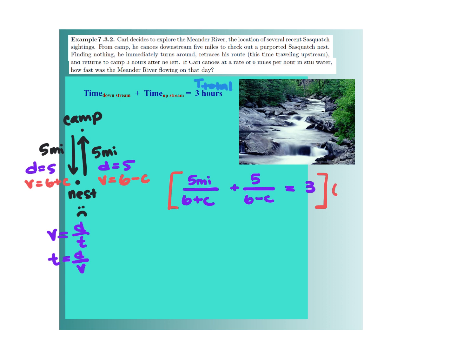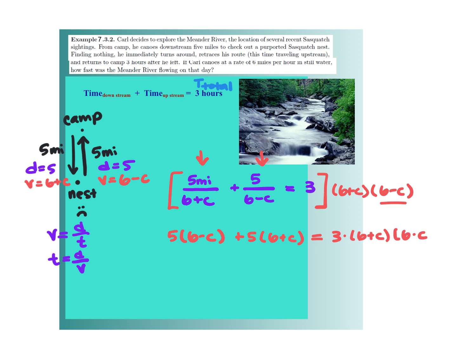The denominators that I want to multiply by are 6 plus C and 6 minus C. When I multiply it into the first expression, the 6 plus C is going to simplify out, so I'm going to be left with 5 times 6 minus C. In the second expression, that denominator of 6 minus C is going to divide out, so I'm going to be left with 5 times 6 plus C. And on the right-hand side, I don't have any common factors, so both 6 plus C and 6 minus C are going to stay.